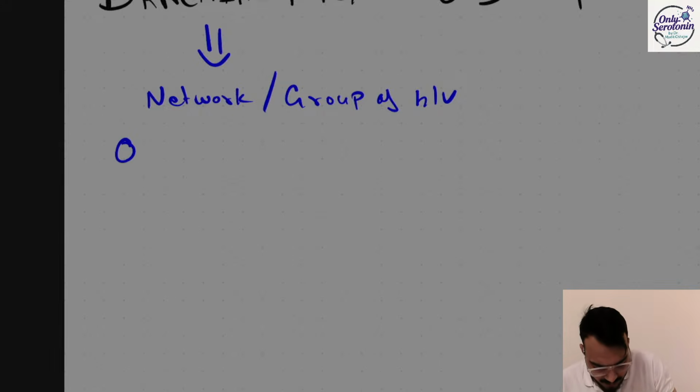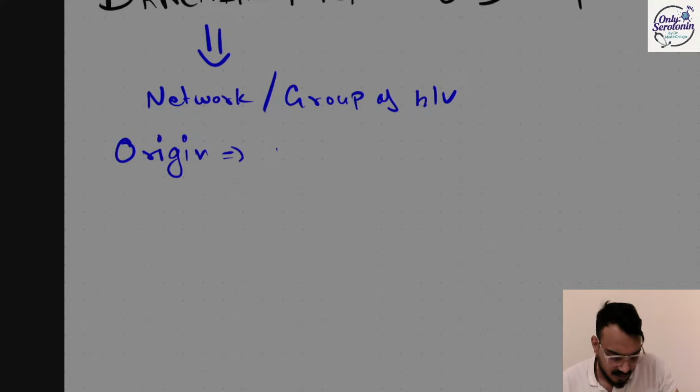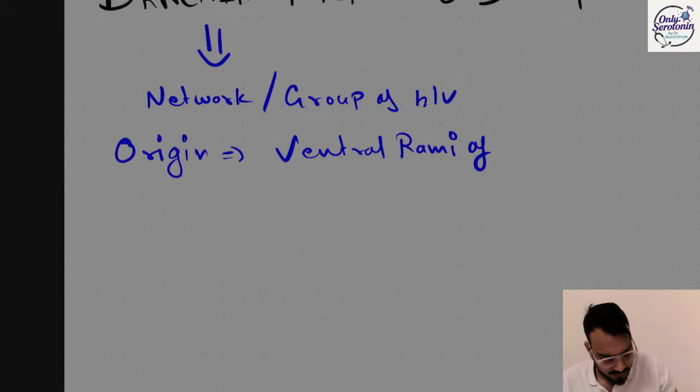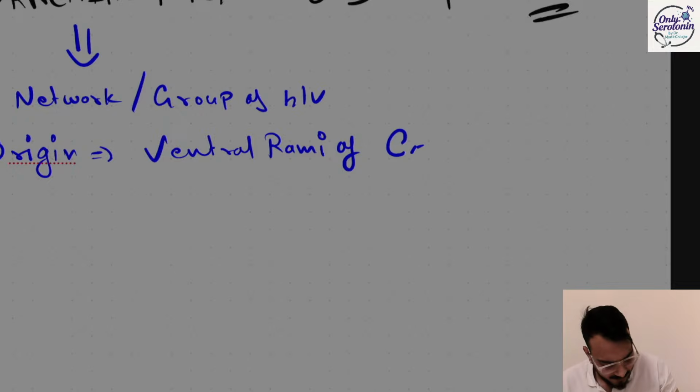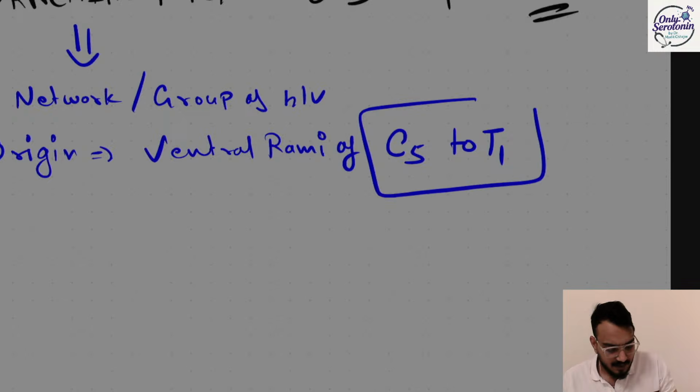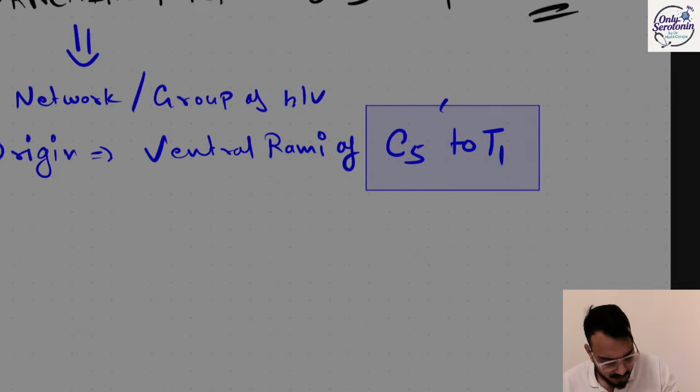The origin of the brachial plexus is the ventral rami of C5 to T1. C5 to T1 is what, guys? C5 to T1 is your roots.